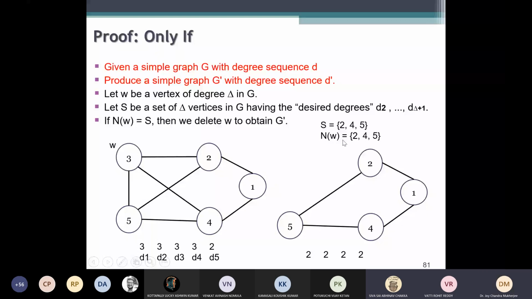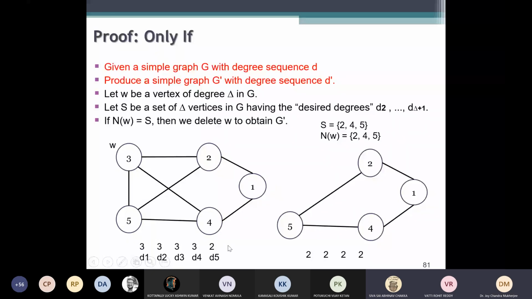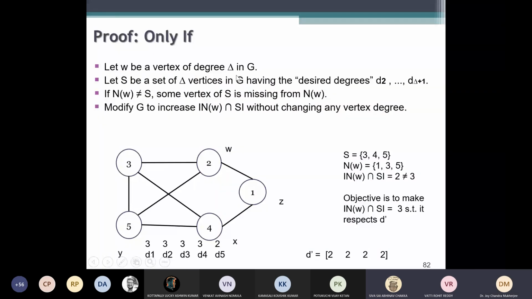Now what will happen? I am showing the same graph, 33332. Sorry, for the same graph, if I choose this W instead of this one, what problem will happen? Let W be the vertex of degree 3 in G. Suppose I choose this W. Now let S be a set of delta vertices in G having the desired degrees D2 to D4.